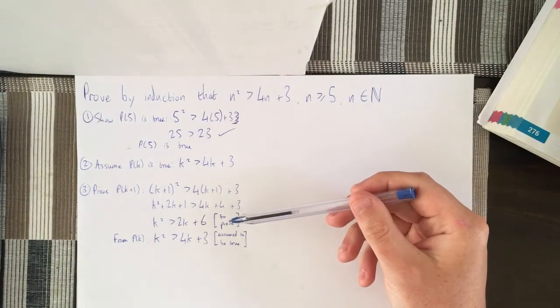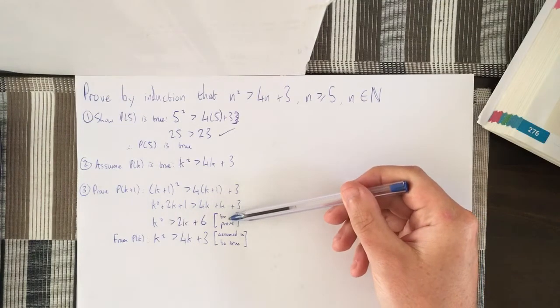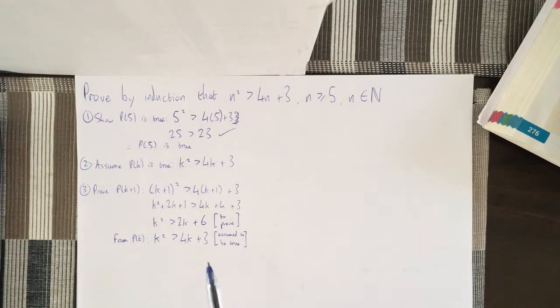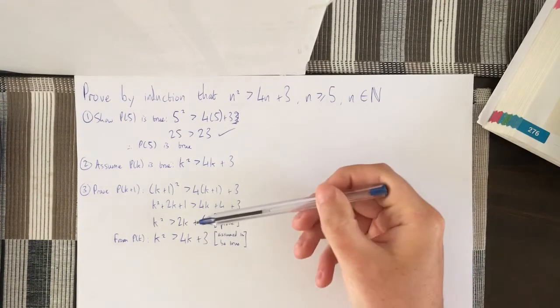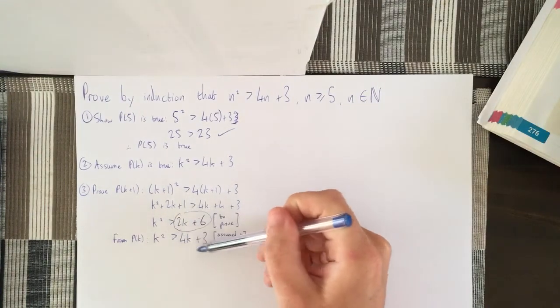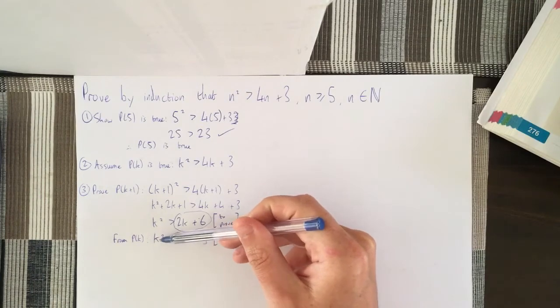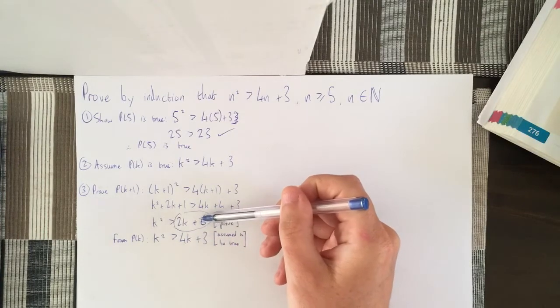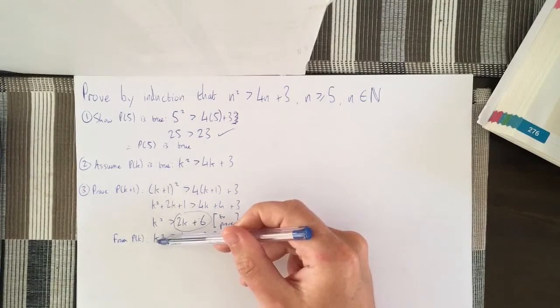So I'm trying to prove this. I know this is true. So it's true that this is less than this. I'm trying to show that this is less than this. So if this is less than this, it must in turn be less than that. Okay, so this is less than this is less than that.